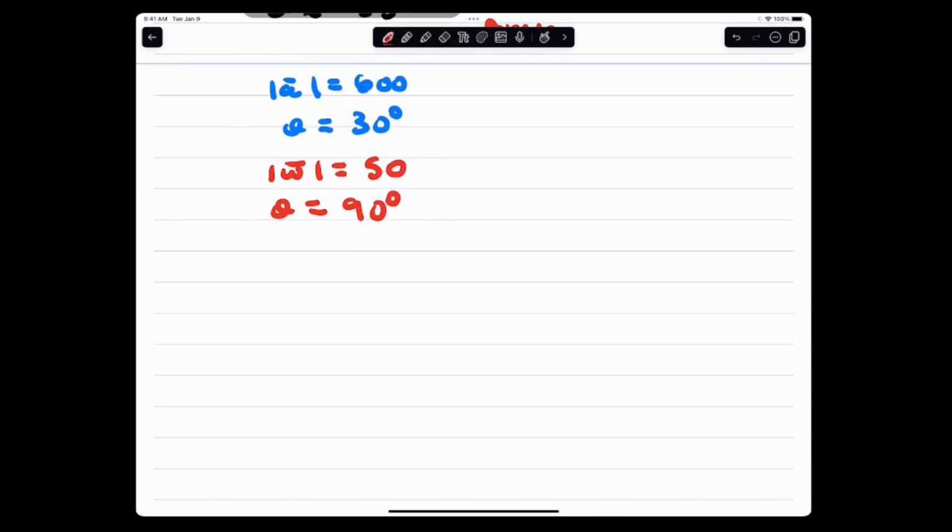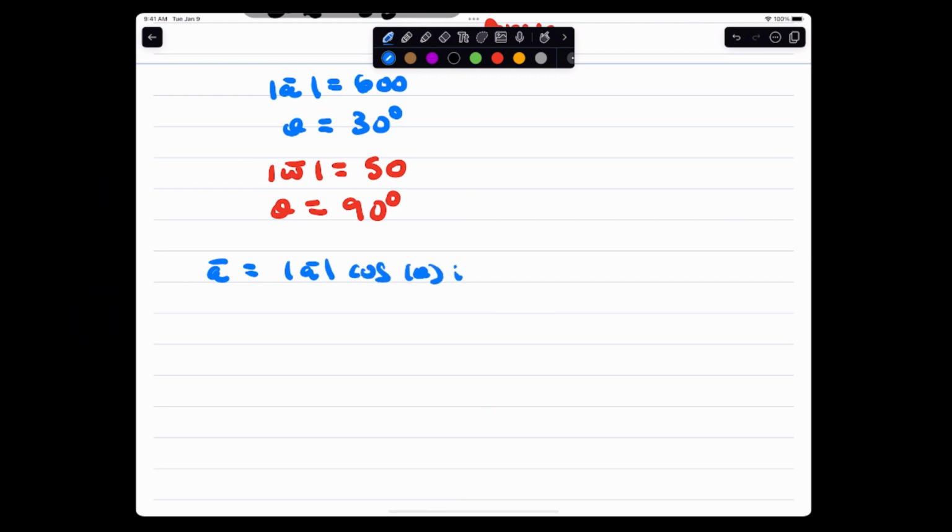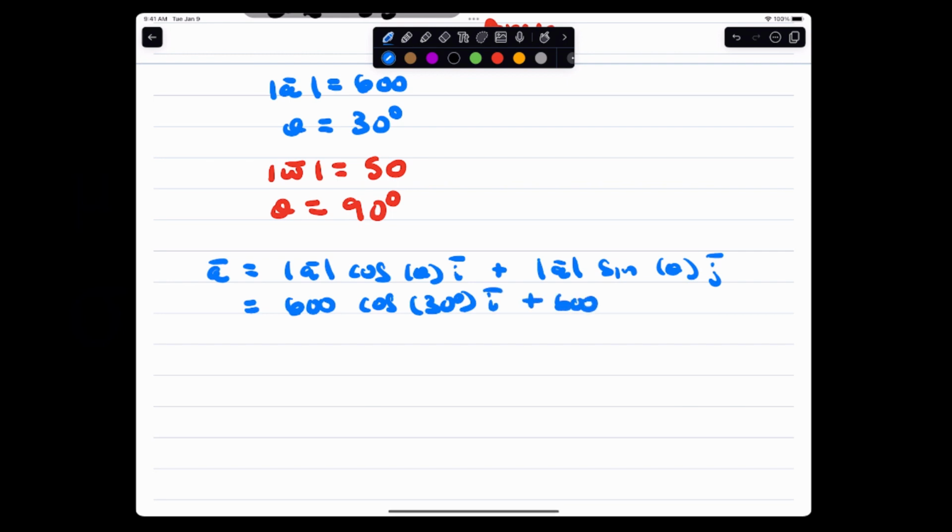Okay, here we go. You guys ready? Easy peasy. Now that we've seen the first one, we know the horizontal component: 600 cosine 30, and 600 sine 30.